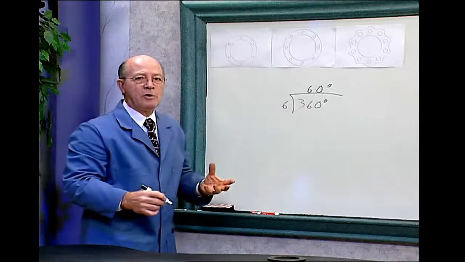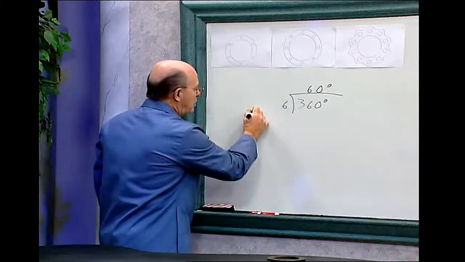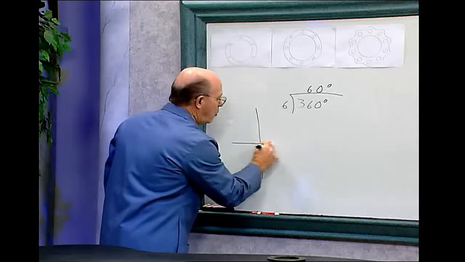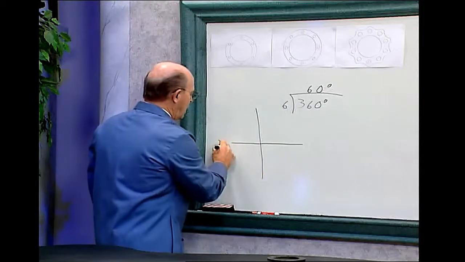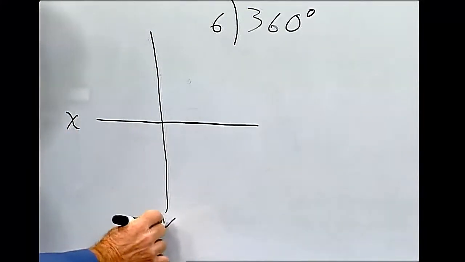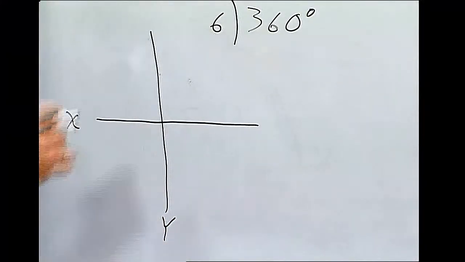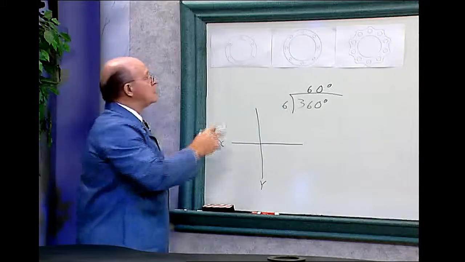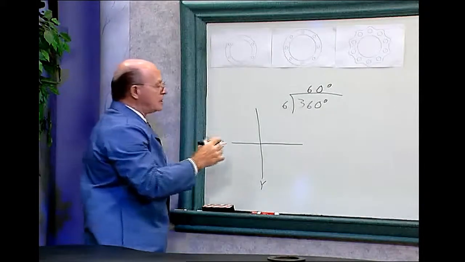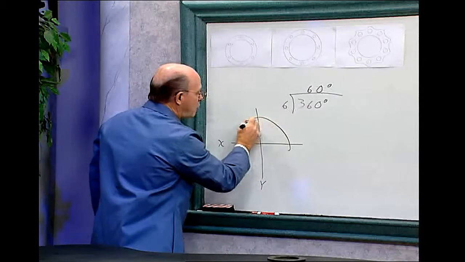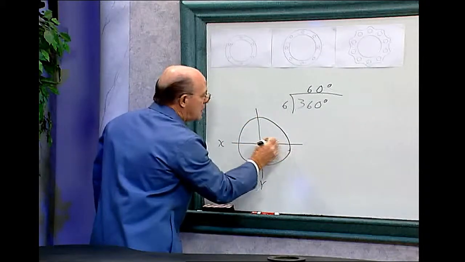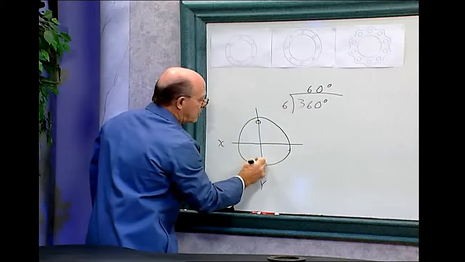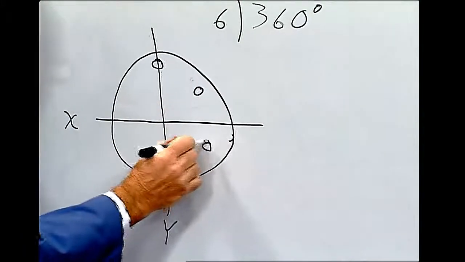Now why is that important? With our equipment, all our machinery moves in the X and the Y plane. And so if we want to put these holes into this part, whatever it is, we have to move in the XY dimension. Let's put 6 holes in here.